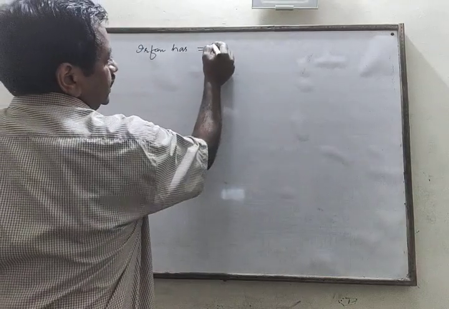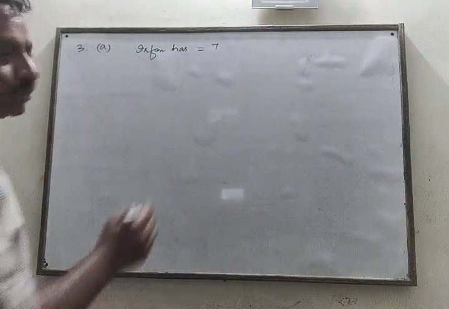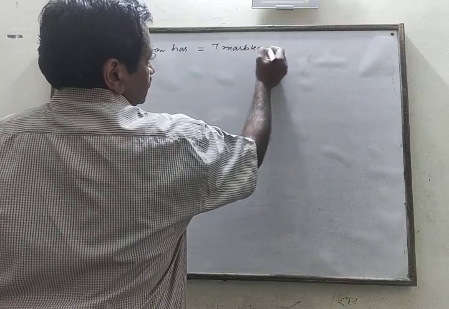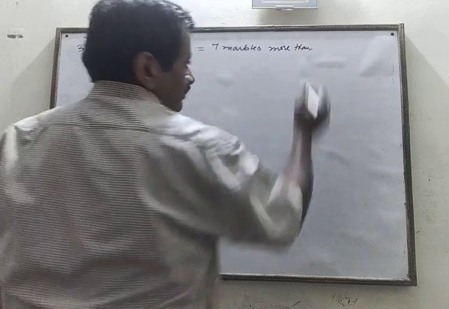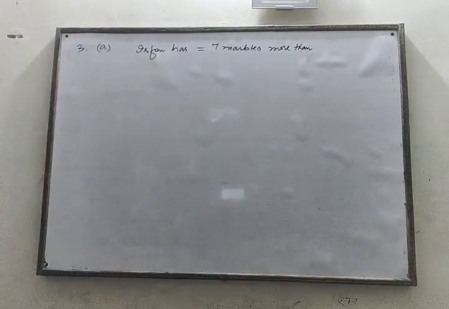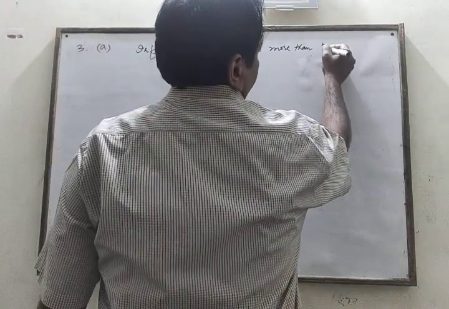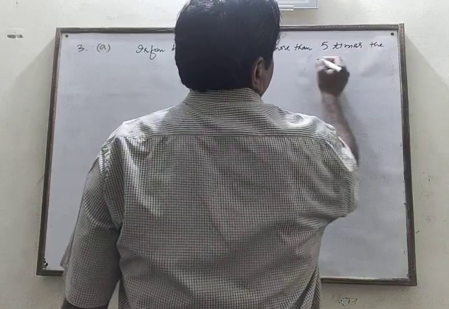Irfan has is equal to 7 marbles more than 5 times the marble Parmeet has.